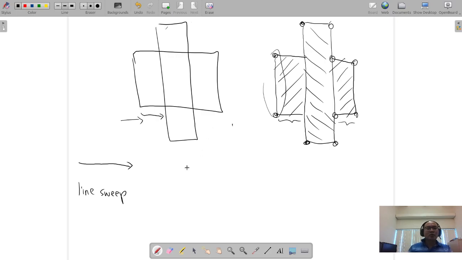And what you need actually is what is called a segment tree. And there's a video in my other data structure series that talks about segment tree.